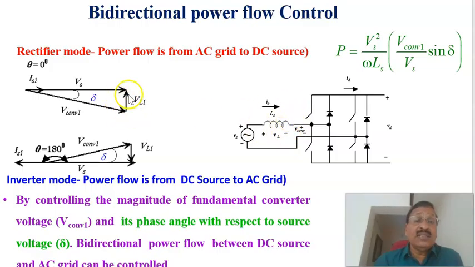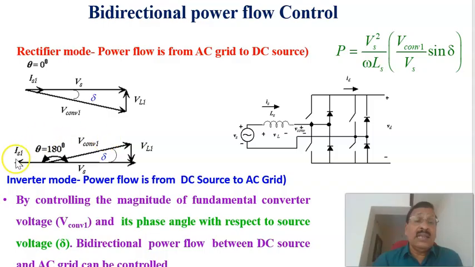Always once it is fixed here, the current will be always perpendicular to VL1. Therefore, this is the phasor diagram corresponding to the power flow from the grid into the DC source, or the converter is working in rectifier mode of operation, as I already explained.